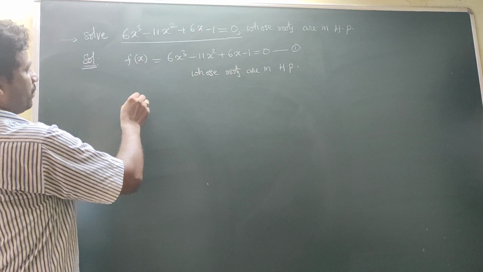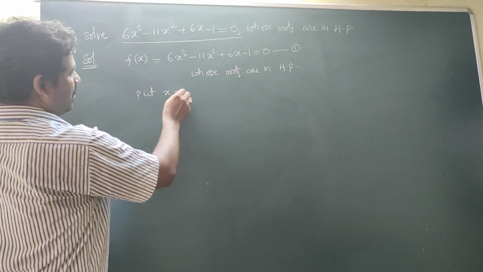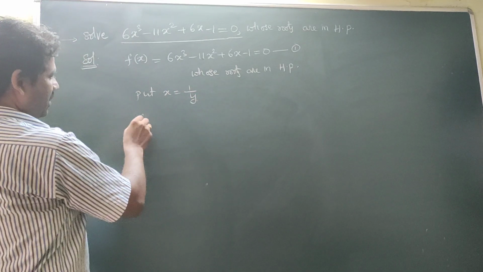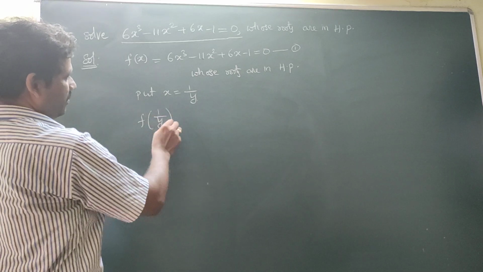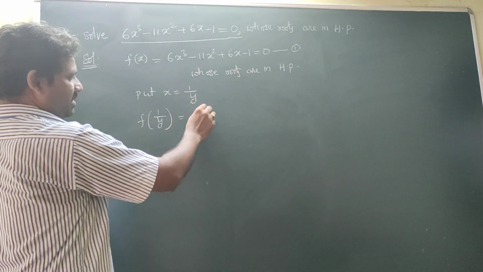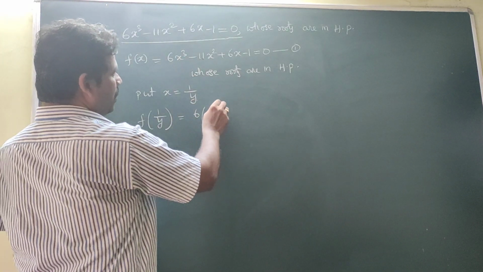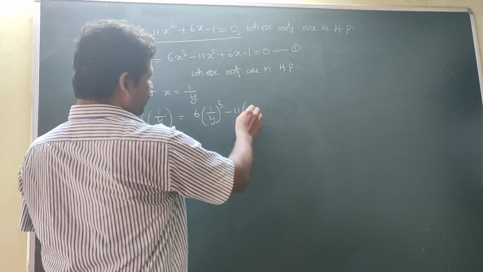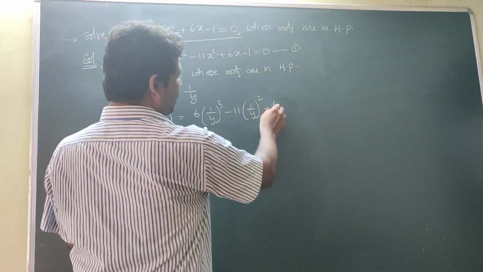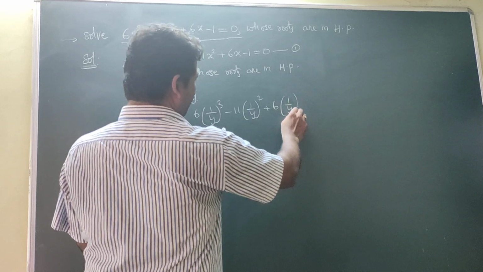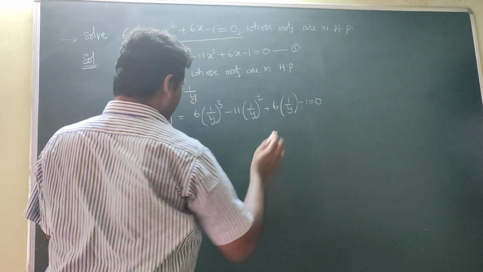Now put x = 1/y. f(1/y) = 6(1/y)³ − 11(1/y)² + 6(1/y) − 1 = 0.